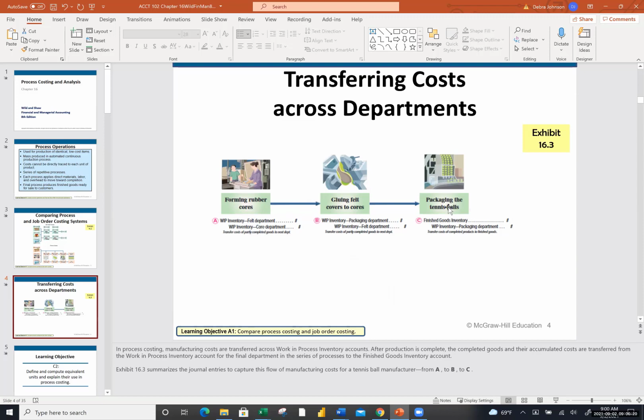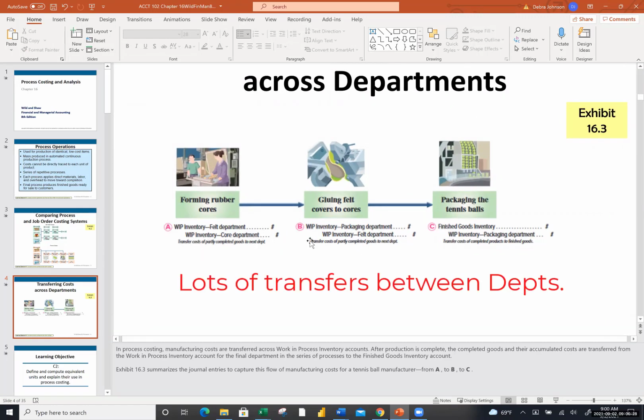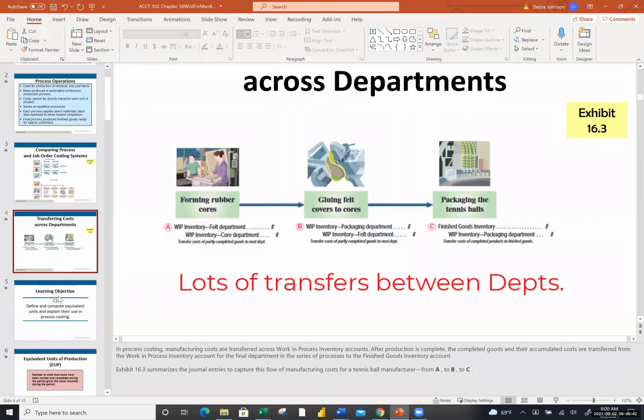You'll notice that there's several transfers between departments. The only difference that you would see is it's not going from WIP to finished goods. It's going from one WIP account to another WIP account. So you may have multiple WIP accounts as we work through this problem.